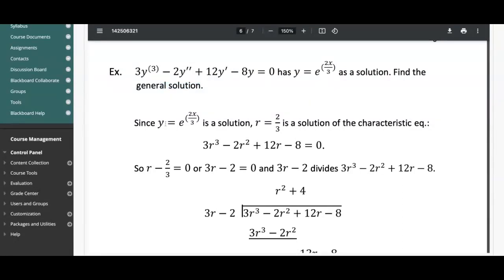Ryan has presented one, and also Christian presented something similar to this. Given one solution, y equals e to the 2x divided by 3 is a solution. That means a solution r equals 2/3.